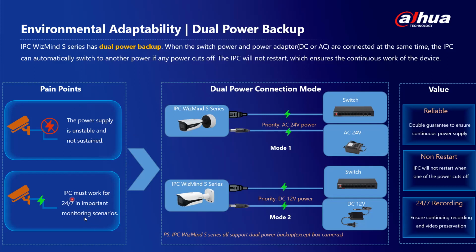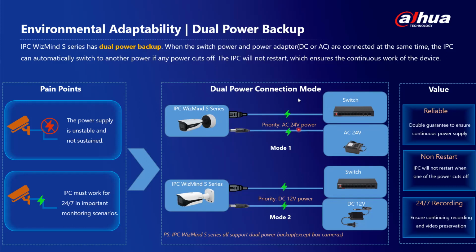But now with this WizMind S series, we have the dual power connection mode. We have just the normal Ethernet or the PoE, and again we have an alternative priority, that is AC 24 volts power. When one of them goes off completely, it switches to the other, to have that continuity of recordings.